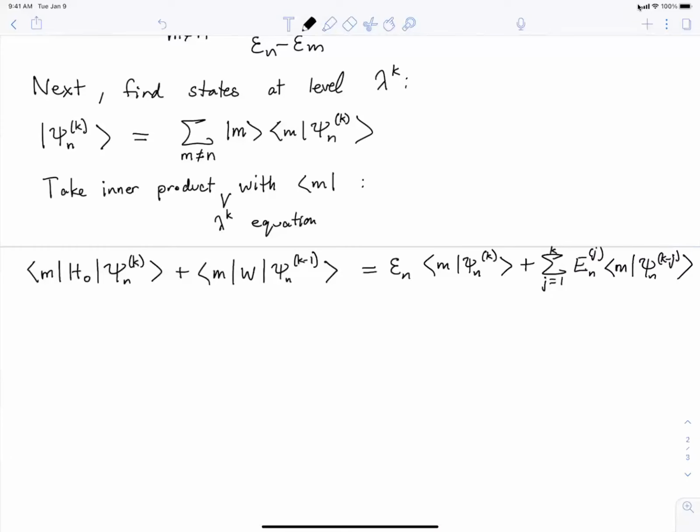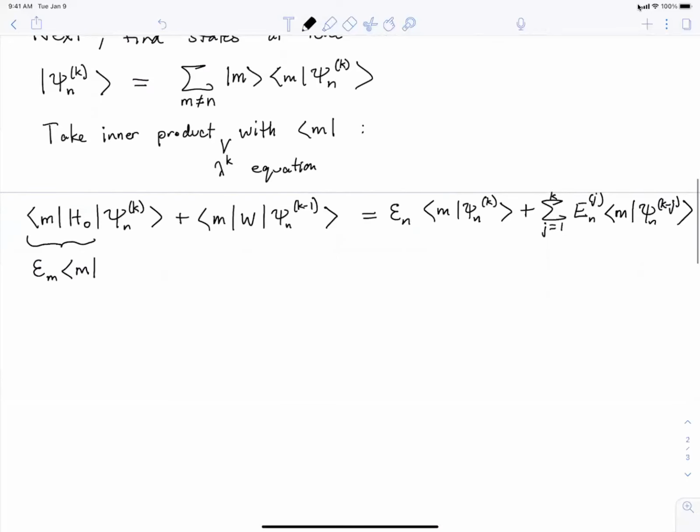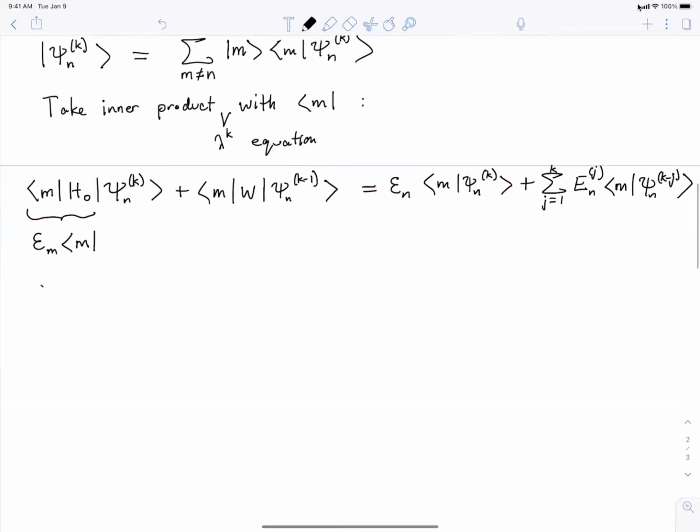The most obvious thing we can do is on the first term, we can notice that the H0 Hamiltonian acting on the bra m just gives back curly E_m times ⟨m|. Okay, and then once we have that, this term is begging to be combined with that term because they have the same form. So who are we to deny it? Let's go ahead and combine those.